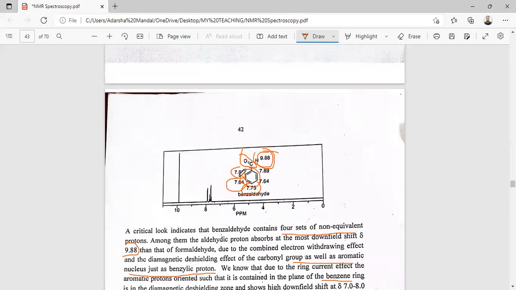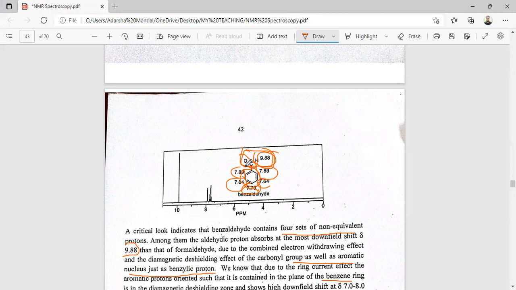So here for benzaldehyde, the aromatic protons are normally in the deshielding zone in the plane of the compound, but for the ortho protons the chemical shift value is 7.89 compared to the meta and para protons. The ortho protons are more deshielded because of the minus I effect of this carbonyl group and the combined effect of the anisotropic effect of the C=O double bond.